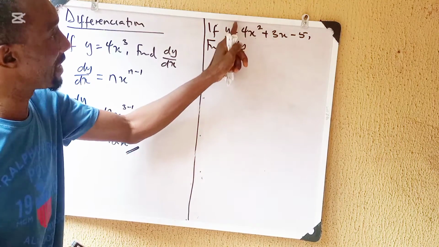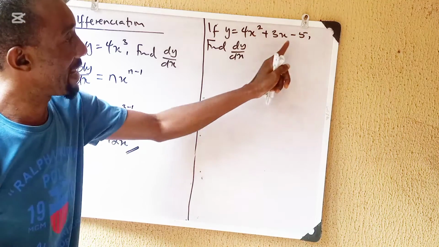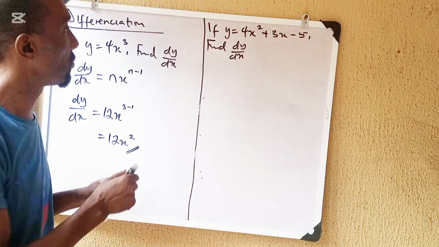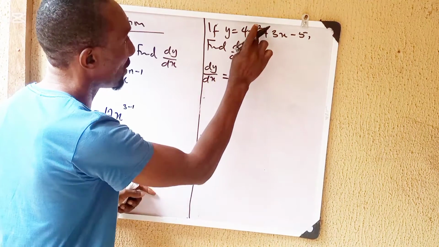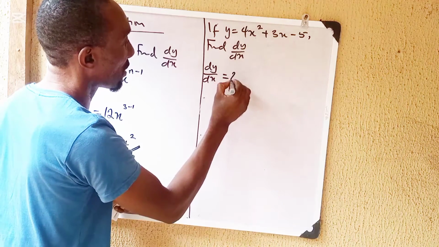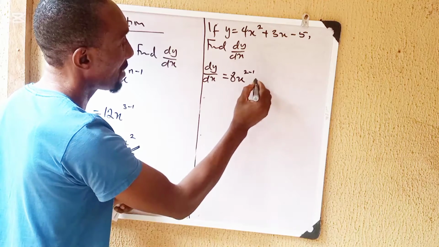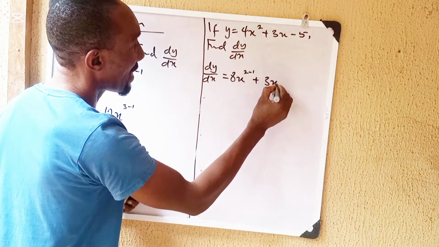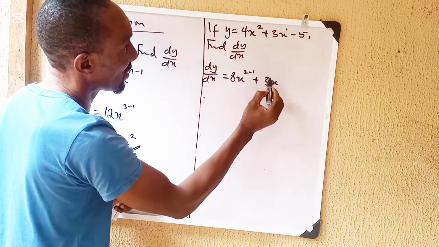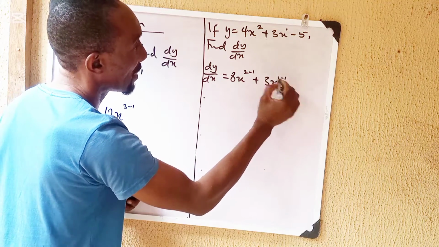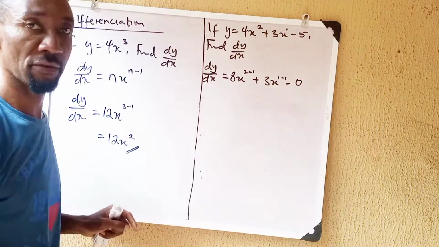So I can differentiate 4x squared, plus I will now differentiate 3x, and then differentiating a constant gives you 0. So here dy/dx will now be 2 times 4, which gives me 8x, then my power 2 minus 1, then plus 3x. I just wrote 3 because this is x to the power of 1, then 1 multiplying 3 gives me 3, then x to the power of 1 minus 1. And when you differentiate 5, it gives you 0.